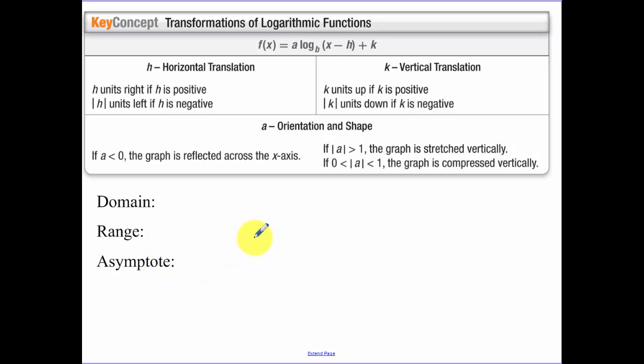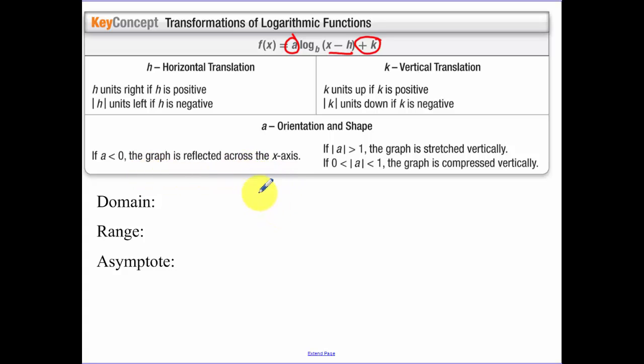Now our translations, okay, these are the translations that we've been doing. Whenever I'm adding or subtracting something to the x, you're going to be moving left and right. The number you see being added outside of the log function is going to tell you up and down. A is going to tell us whether it's a stretch or compression vertically, and if A is less than 0, we're going to reflect across the x-axis.